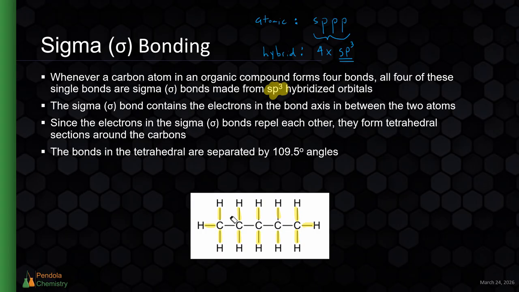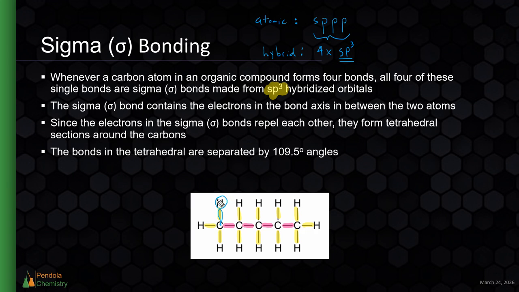The sigma bonds between the carbon and the hydrogen, the yellow ones, are going to be the result of an s orbital overlapping with a hybrid orbital. So the hybrid orbital from the carbon overlaps with the s orbital from hydrogen.